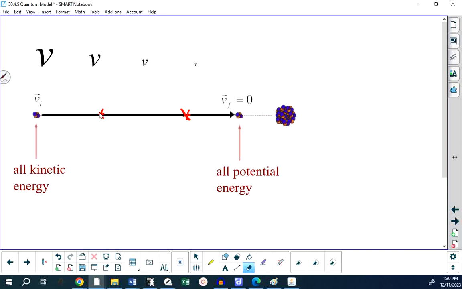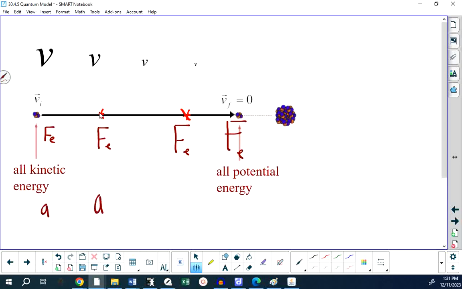So there's an electric force, and the electric force gets larger and larger and larger. But that means the acceleration gets larger and larger and larger. There's an awful lot going on here.